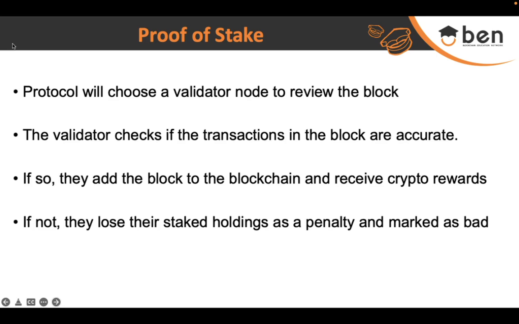This is a very energy efficient protocol, as we can see that there is no heavy computation involved. So you do not need elite hardware or infrastructure costs to set up a node. Anybody can set up a node, but you need to own a specific amount of cryptocurrency in that blockchain, and then it becomes easier to add a block to the blockchain.